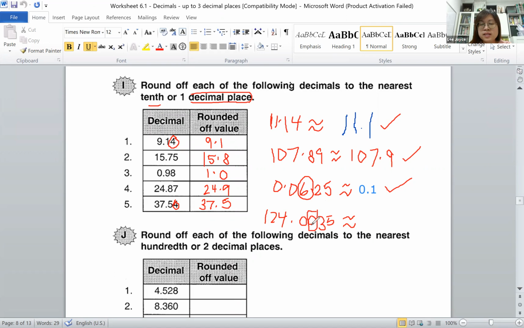This digit is a 0, so it's less than 5. So we have to round it down, which means I keep all these digits here. So my decimals to the nearest one decimal place will be written as 124.0. Okay, 124.0. Understand?